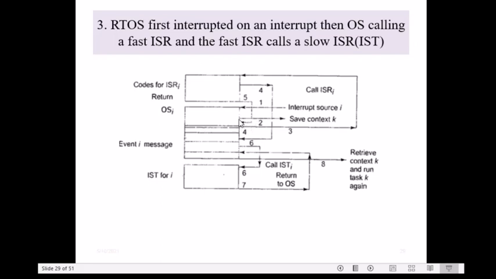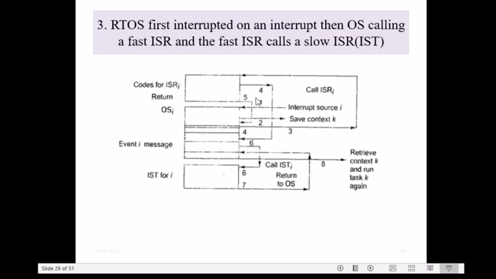Now, what does the operating system do? The operating system will check the FIFO queue, take each of the event messages from it, and the corresponding ISTs will be executed. So ISTs are the same as interrupt service routines, but of lower priority. After the ISRs only, the ISTs will execute.